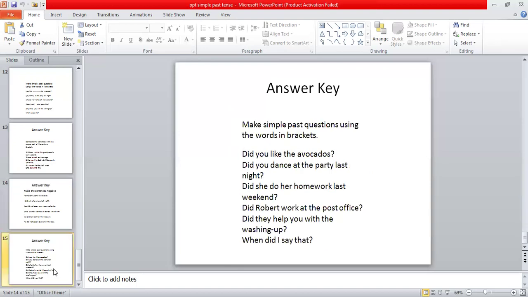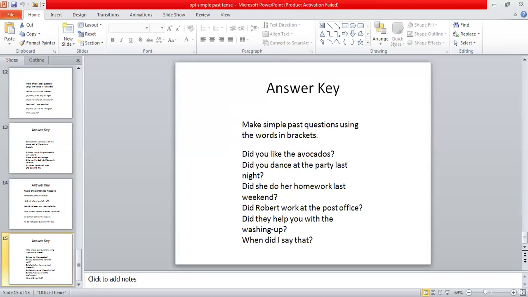And this is the answer key to the interrogative sentences with past indefinite tense. You can see that did comes at the beginning of the sentence, and we are using the first form of the verb. All the sentences have the keyword which decides that you have to change them according to past indefinite tense.